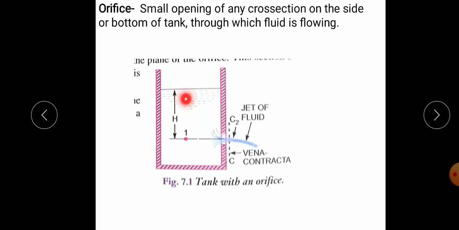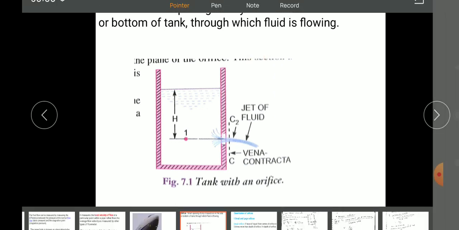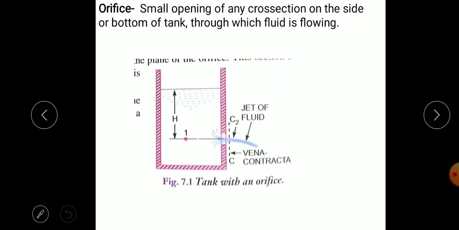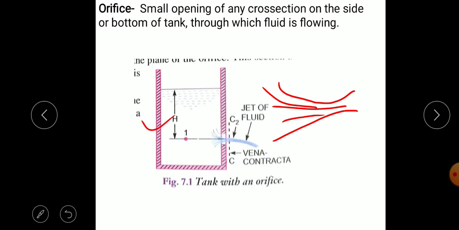As the flow takes place through a small opening, the area goes on decreasing. As the fluid flows through this small hole, the area goes on decreasing, so the pressure energy available due to the head is converted into velocity.